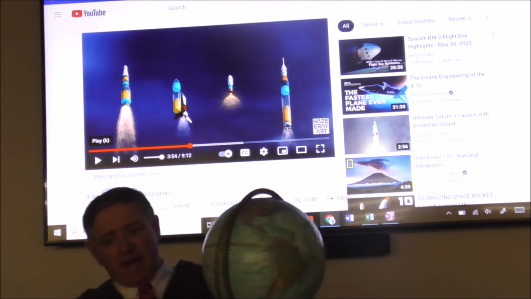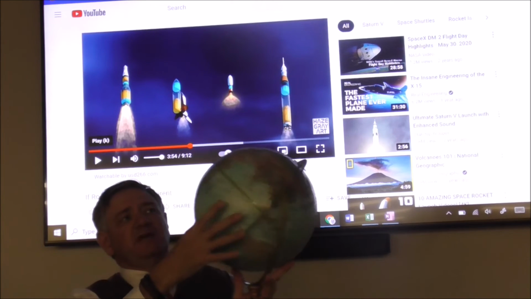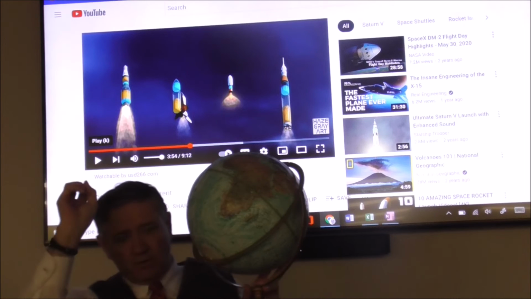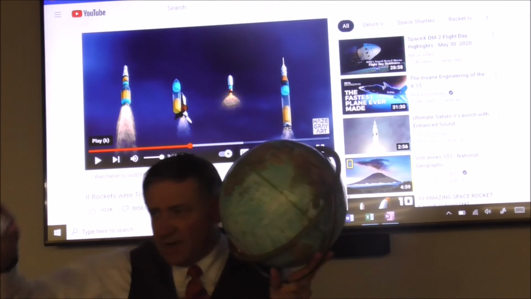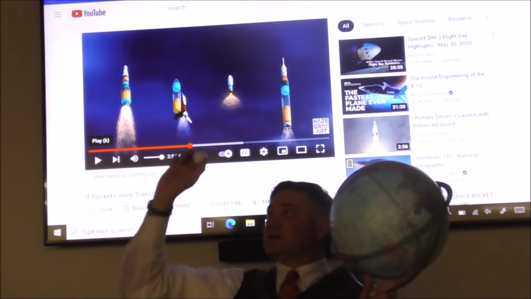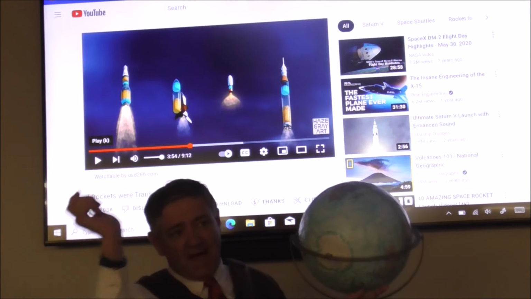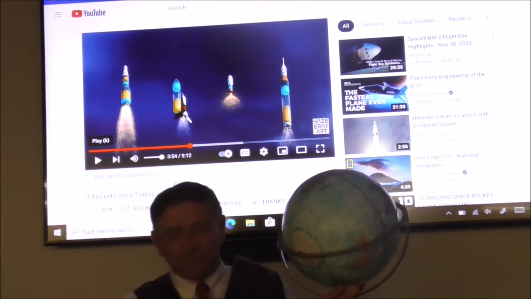But basically what happens if you want to be in orbit, imagine that you're standing on top of a mountain, okay, and you throw a rock or a golf ball. If I throw this, it's going to travel a certain distance before it lands. The faster I throw it, the further it's going to go before it lands.